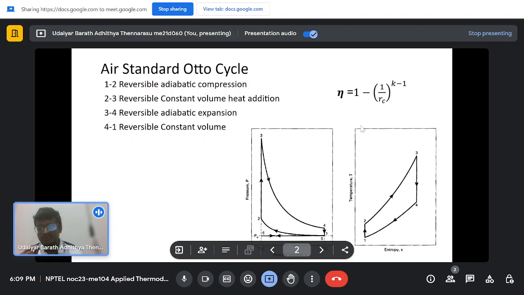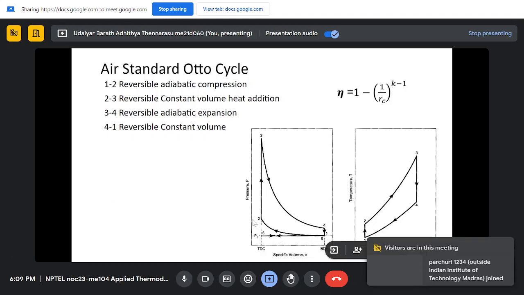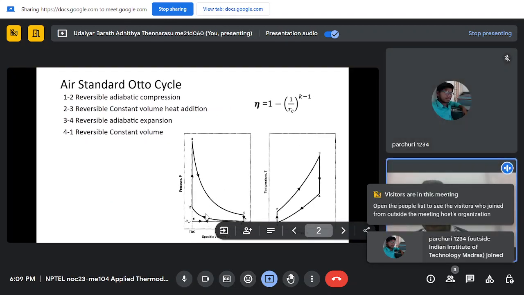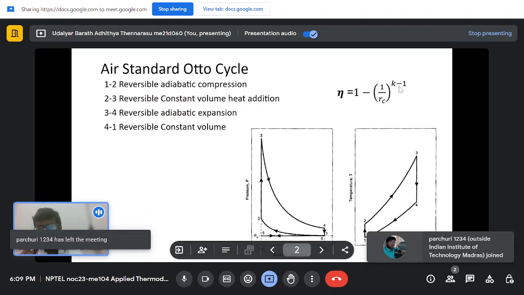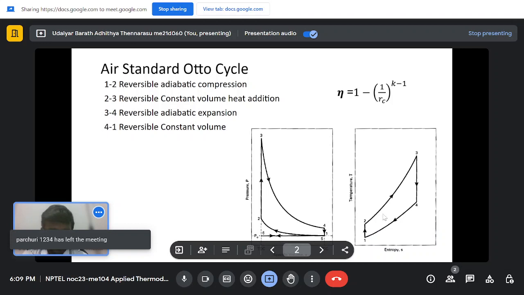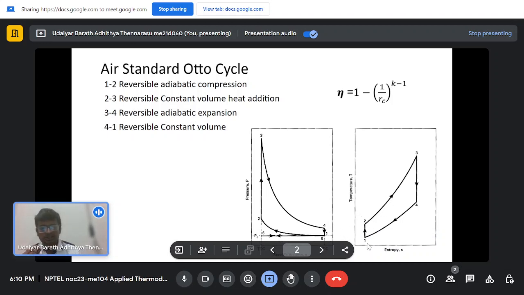On simplification with respect to clearance volume and the pressures, it comes out to be 1 by r_c raised to the power k minus 1. Similarly, there is a temperature entropy diagram shown for an Otto cycle.